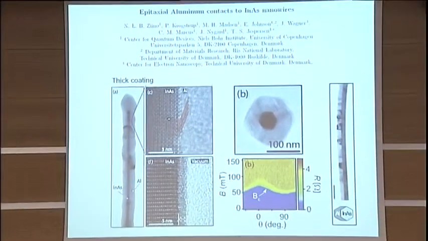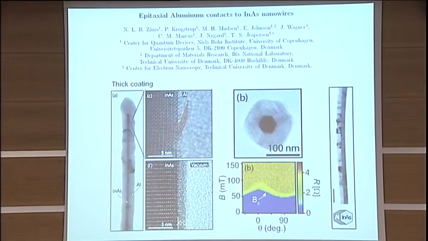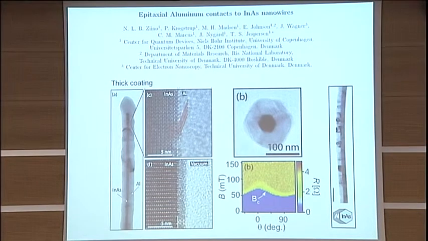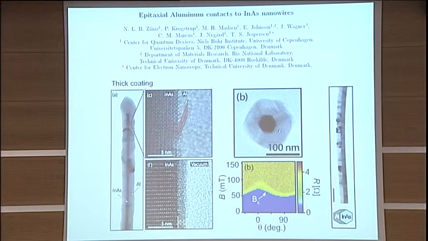Last topic for new things to do is in the materials science domain. Here's a nanowire with the superconductor grown epitaxially in the MBE system onto the indium arsenide nanowire. So you can see how it's grown here.